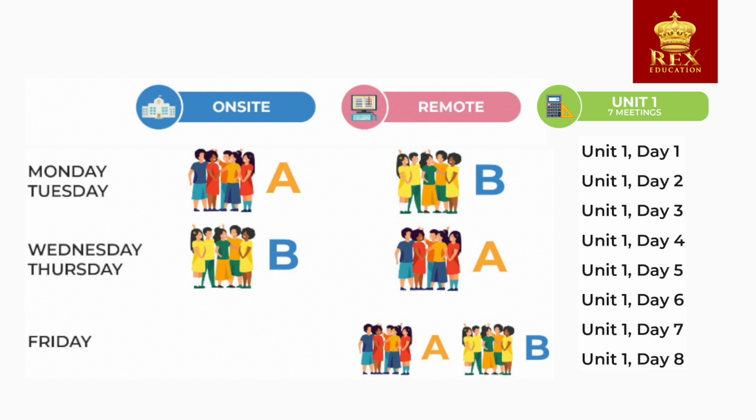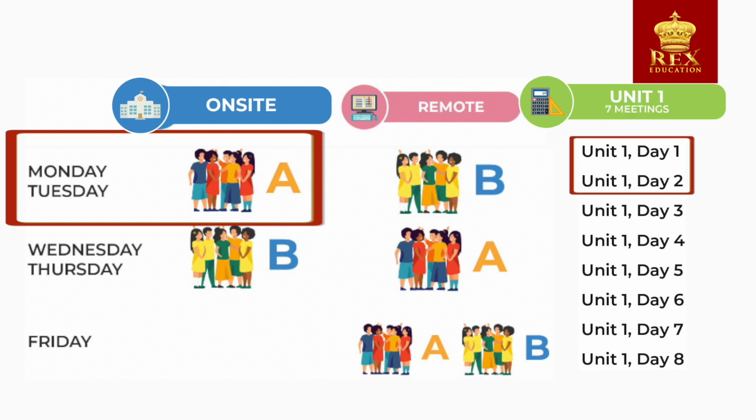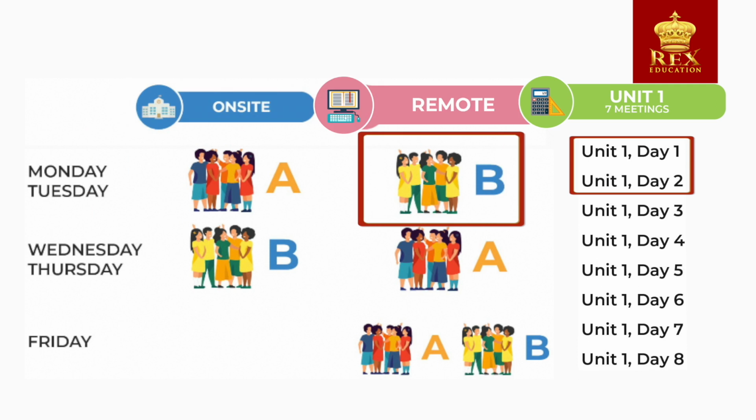So in this scheme, the teacher delivers the daily lessons of the unit to on-site students, whoever is on-site, whether batch A or batch B. So the teacher just keeps continuing the unit, whoever is the batch in front of her, right? So on Monday to Tuesday, because batch A is on-site, they get to experience day 1 and 2 of Unit 1 on-site, and batch B is remote.